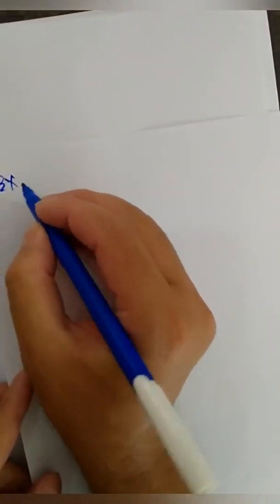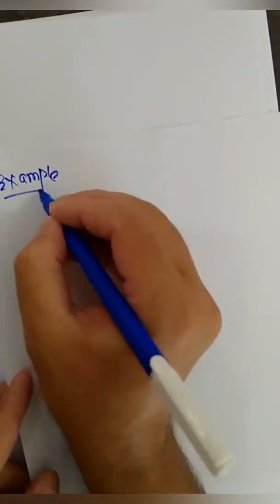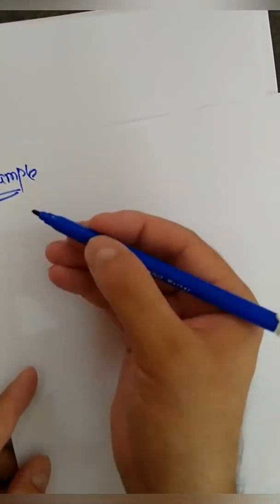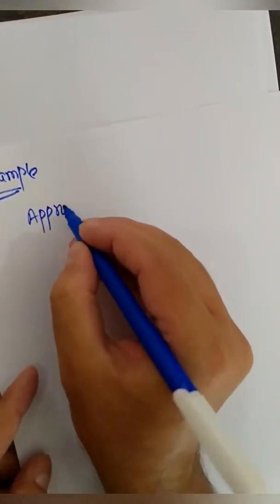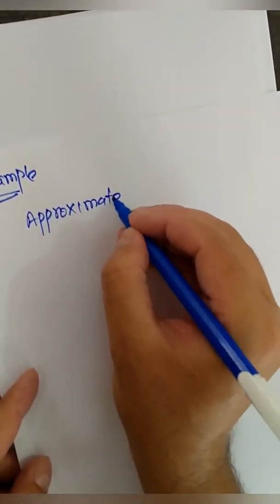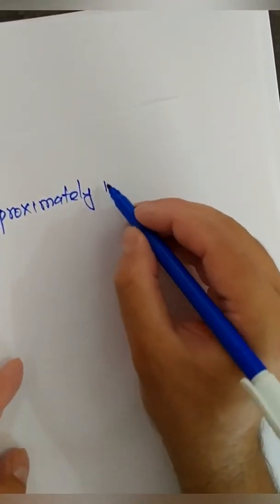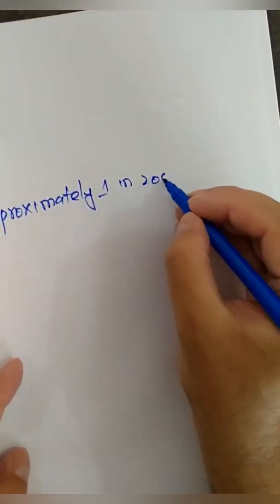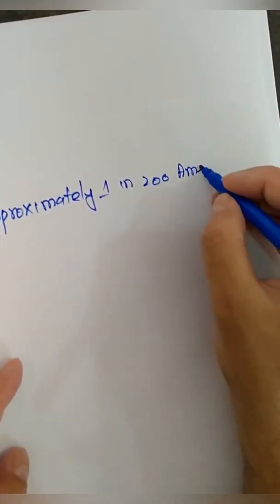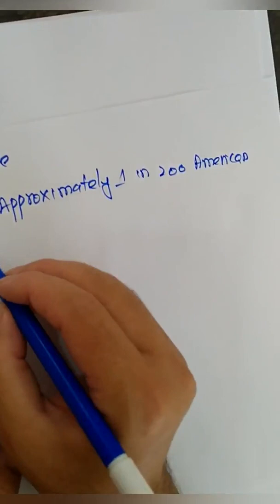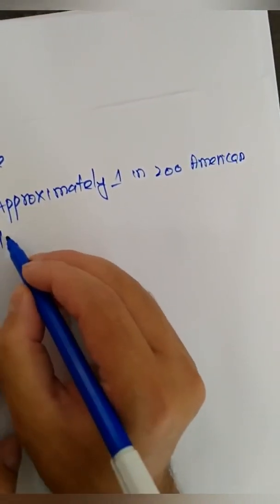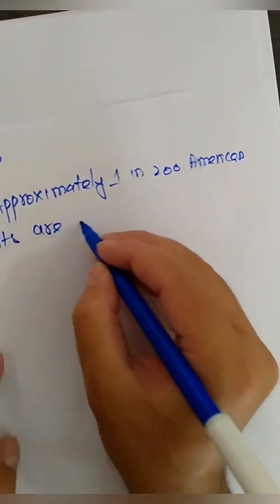Now let's solve an example for Bernoulli trial, Bernoulli distribution. Suppose approximately one in 200 American adults are lawyers.